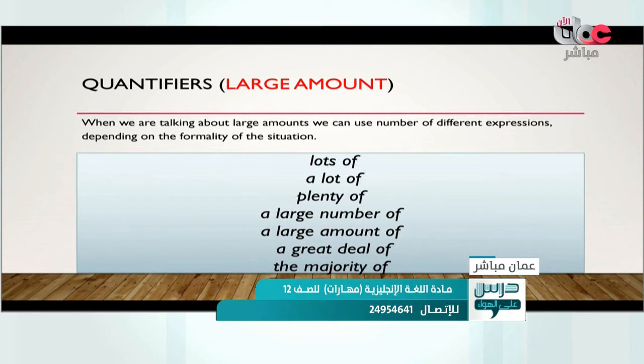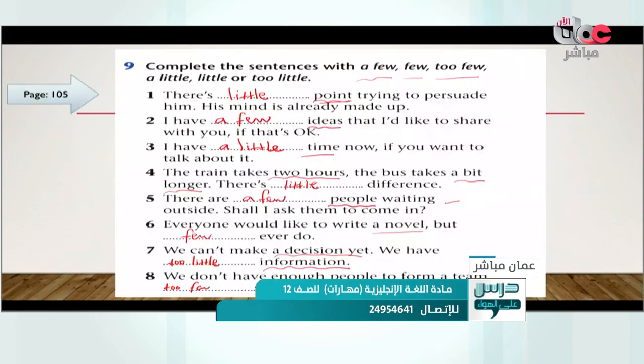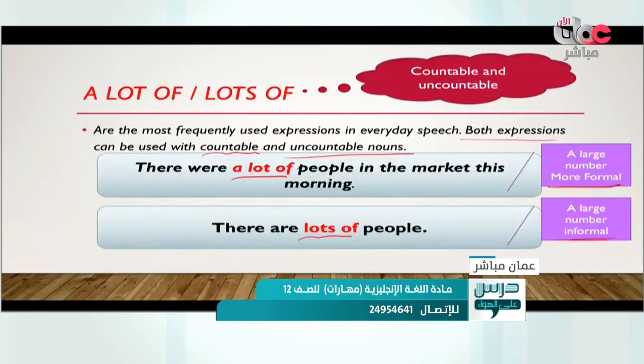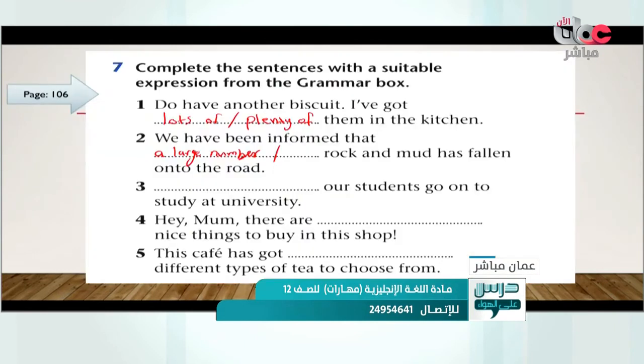We can say the majority of also. We can choose one of these, the majority of or a large amount of. But a large number of can be used for both countable and uncountable nouns. So you can choose one of these expressions.